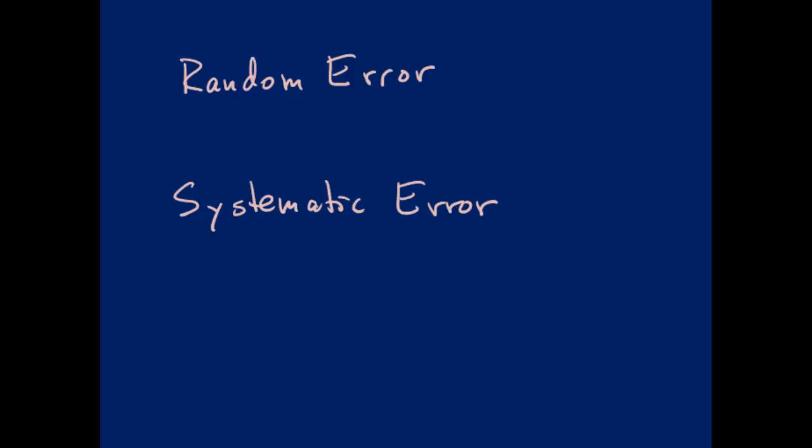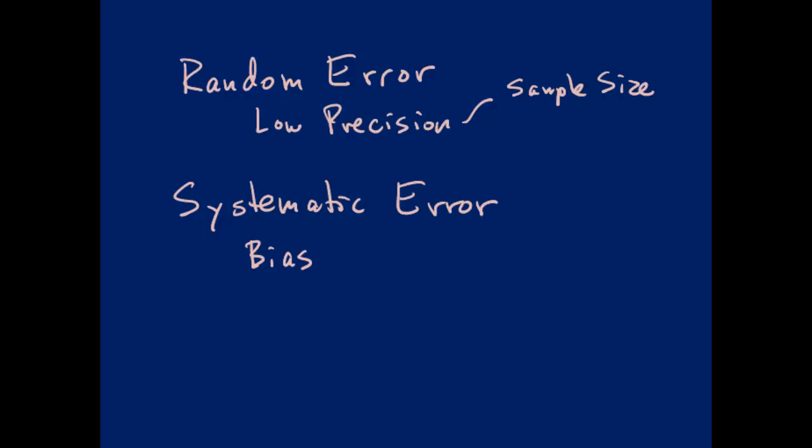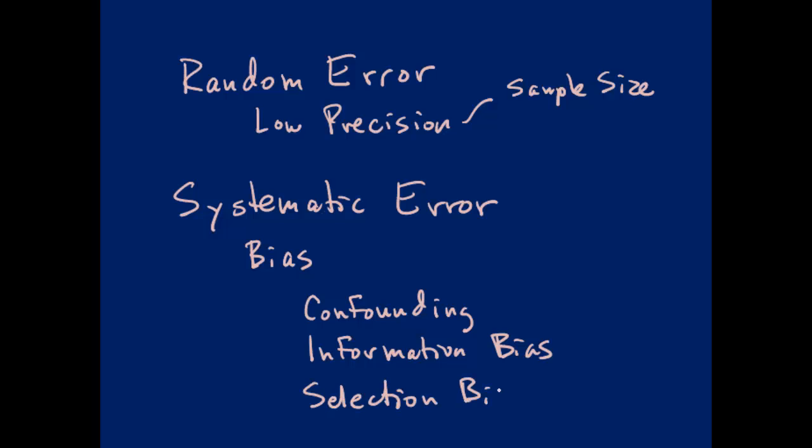If you have a lot of random error, then you have low precision. If you have a lot of systematic error, then you have bias. Low precision is caused primarily by your sample size. A small sample size will give you low precision. Bias has nothing to do with the sample size. Bias is caused by different things. There are different kinds of biases. The three major types of biases are confounding, information bias, and selection bias.